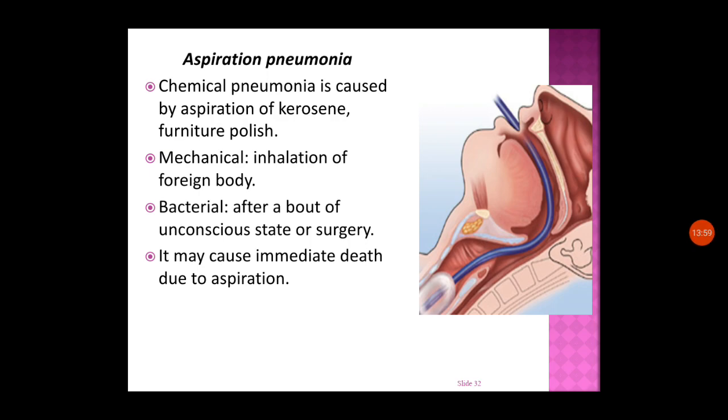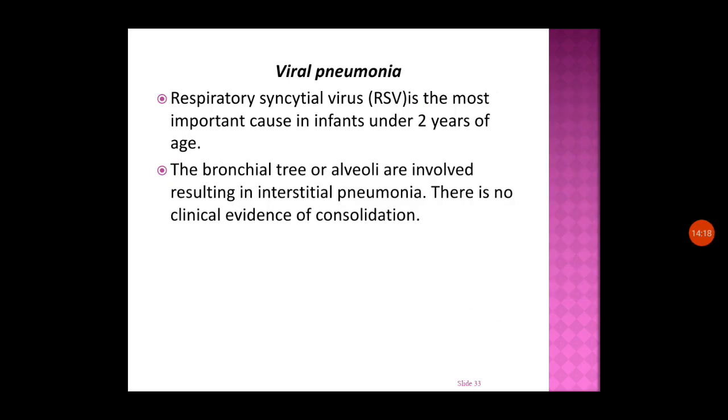Chemical pneumonia is caused by aspiration of kerosene, furniture polish, and mechanical aspiration pneumonia can be because of inhalation of a foreign body. Bacterial aspiration pneumonia occurs after a bout of unconscious state or surgery, and it may cause immediate death due to aspiration. So that's about aspiration pneumonia.